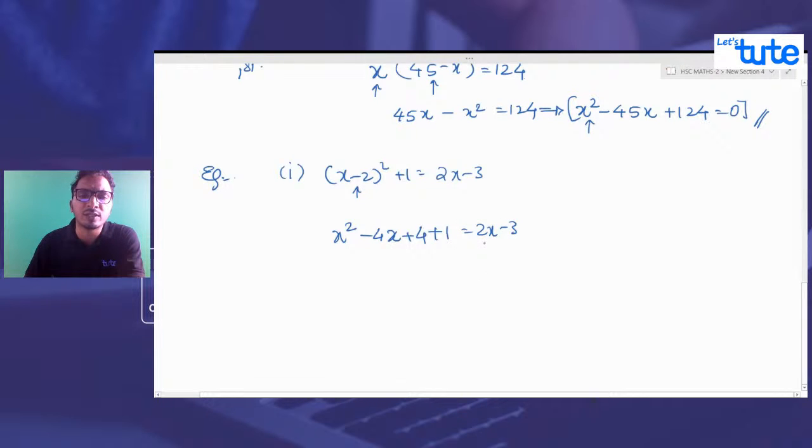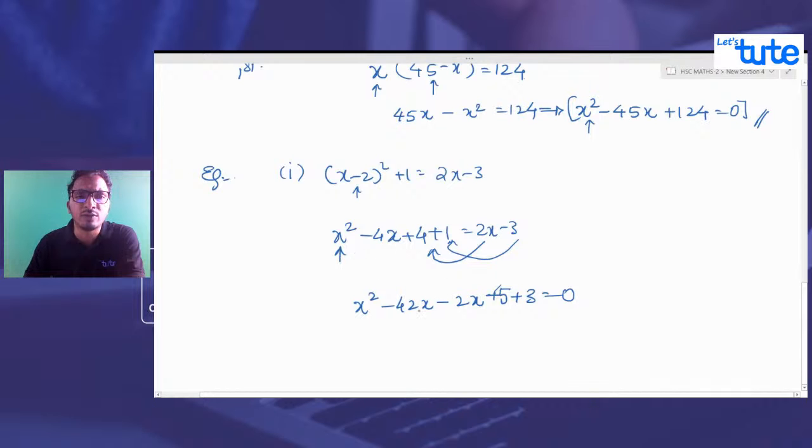Now let us shift this 2x to the left hand side and this 3 to the left hand side as well. So what you're going to get is x squared minus 4x minus 2x plus 4. So 4 plus 1 we have 5, and plus 3 equals 0.